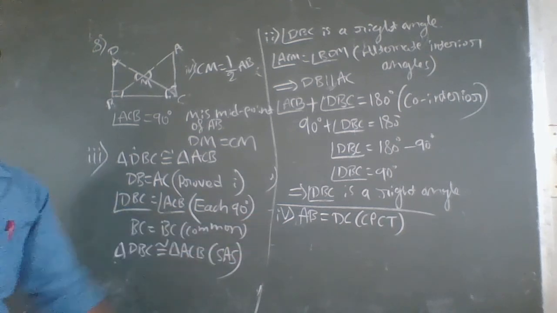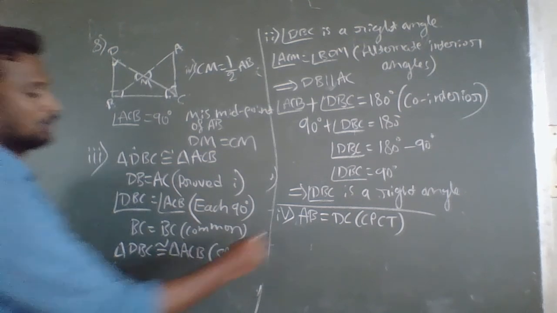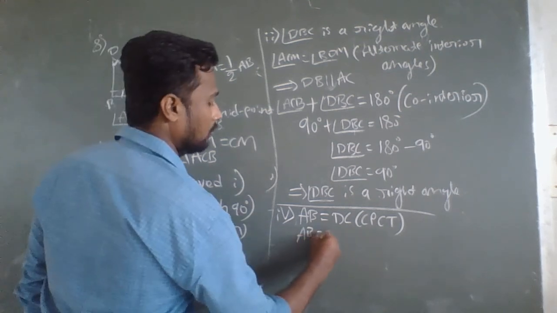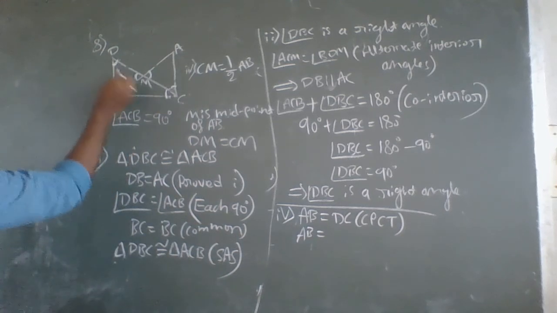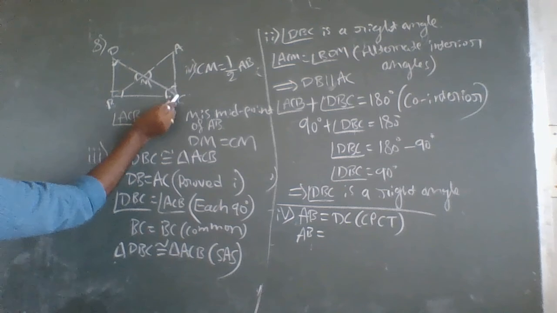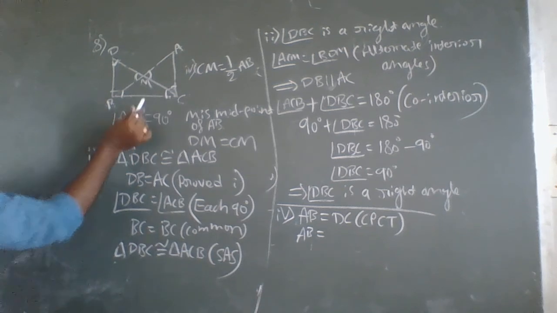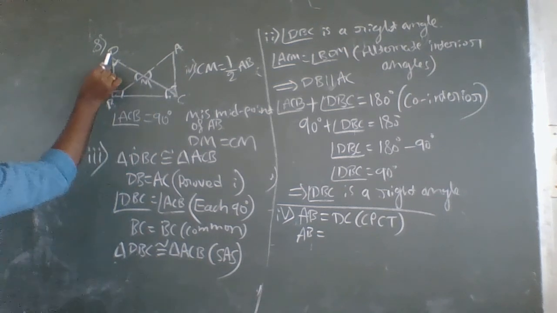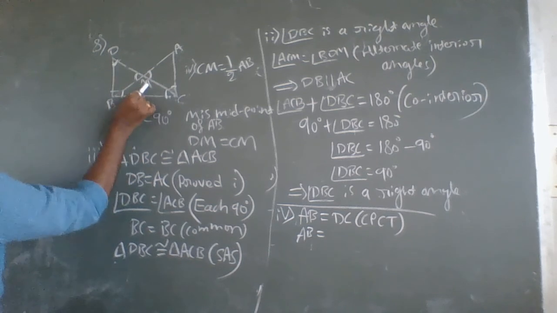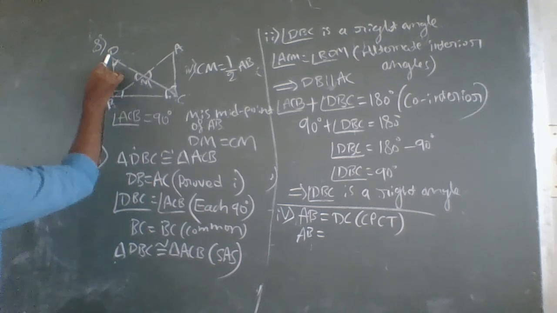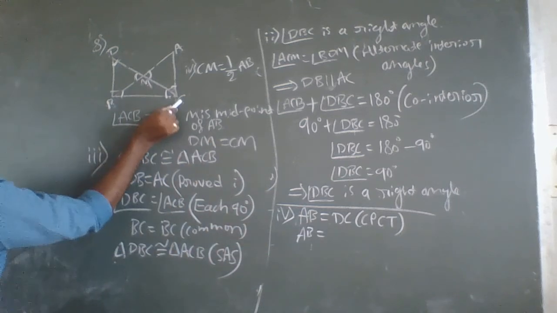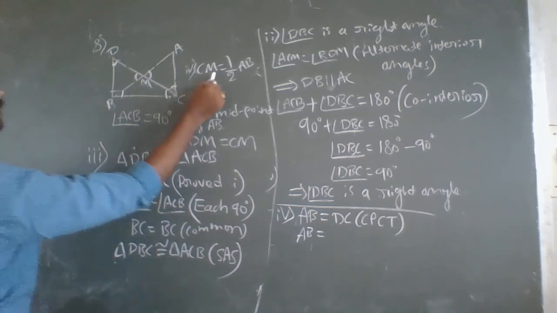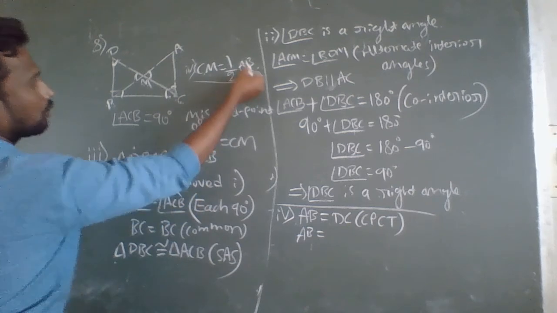Then you can write AB is equal to 2CM, in place of DC I will write 2CM, because M is the midpoint of DC. Therefore, CM is equal to DM. So in place of DC, I can write 2CM to prove the fourth one, CM is equal to 1 by 2 AB.